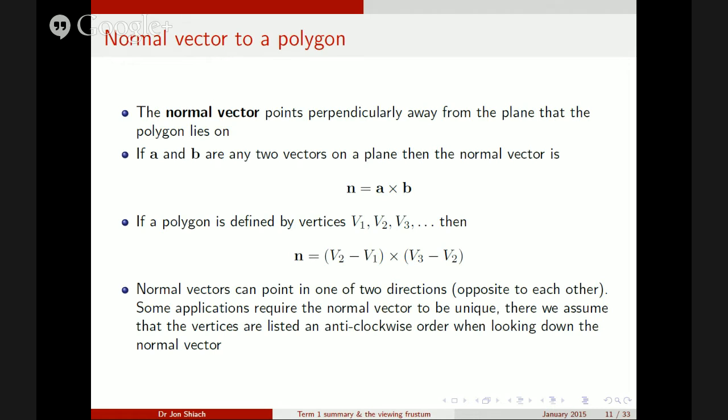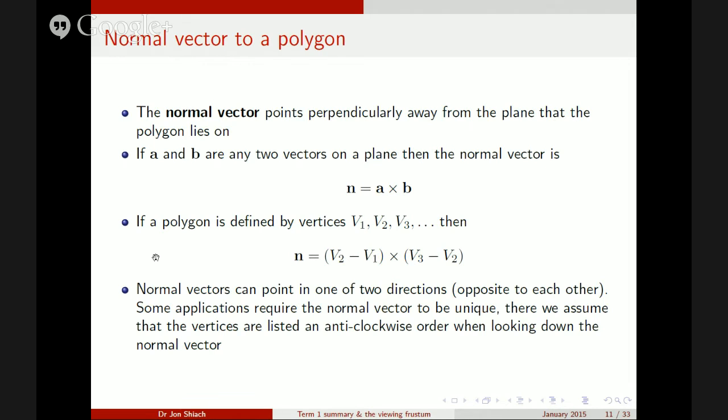So let's say this table has a flat plane on it. A normal vector to this table can point straight up, and it can also point straight down. Any vector which points perpendicularly away or makes a 90-degree angle with that table is a normal vector. They're quite easy to calculate. They're just a cross product of any two vectors on a plane.